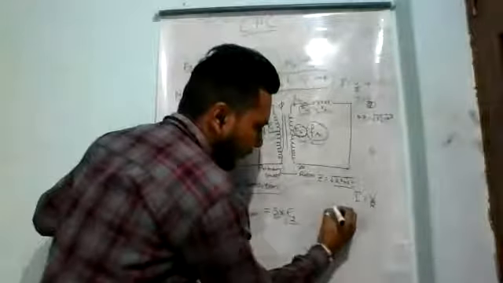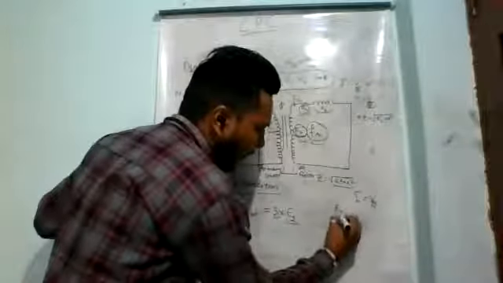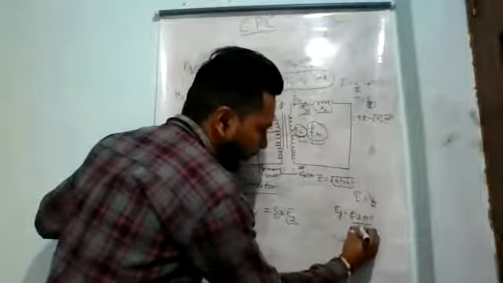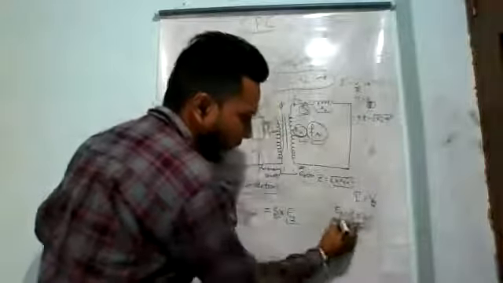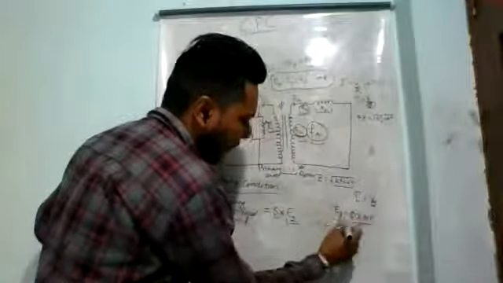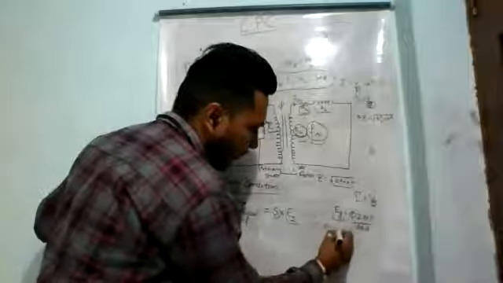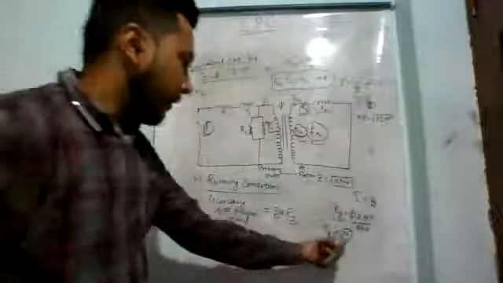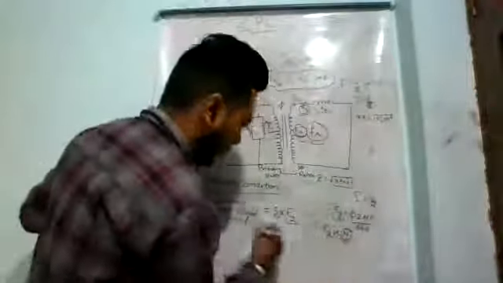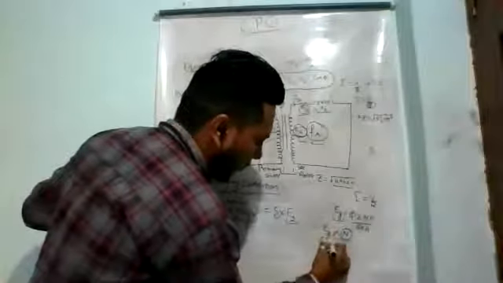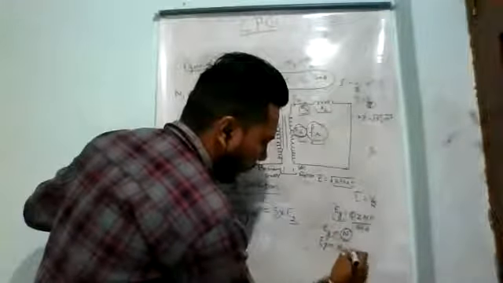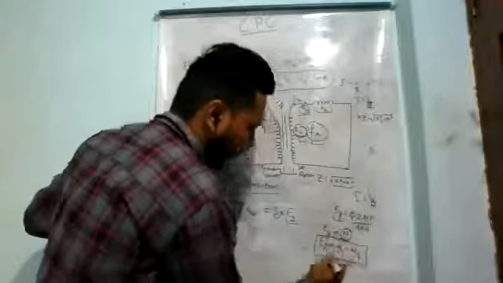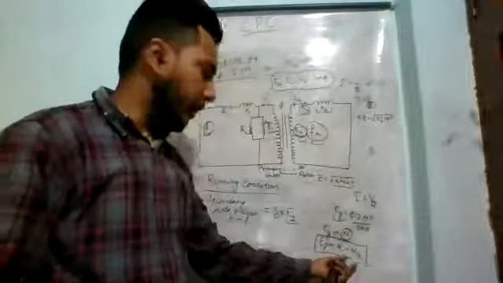As we know, the EMF equation of a DC motor is given by Eg equals phi Z N P upon 60 A. Here, this generated EMF at the secondary side, Eg, is directly proportional to N. Here N is nothing but the difference of synchronous speed minus rotor speed.